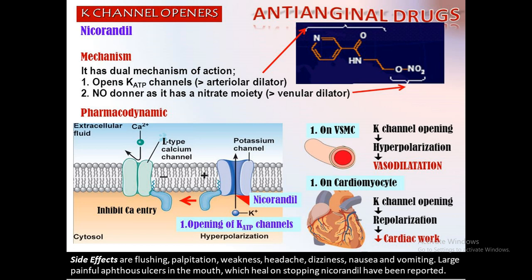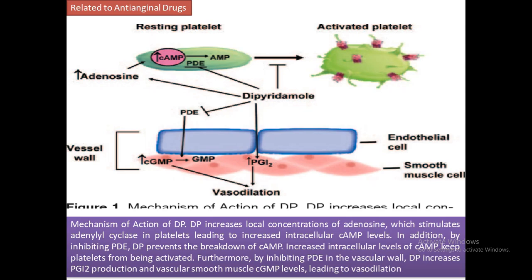And adverse effects are flushing, palpitation, weakness, headache, dizziness, nausea and vomiting. Large painful aphthous ulcer in the mouth, which heals on stopping the nicorandil, has been reported. So these are the potassium channel openers.